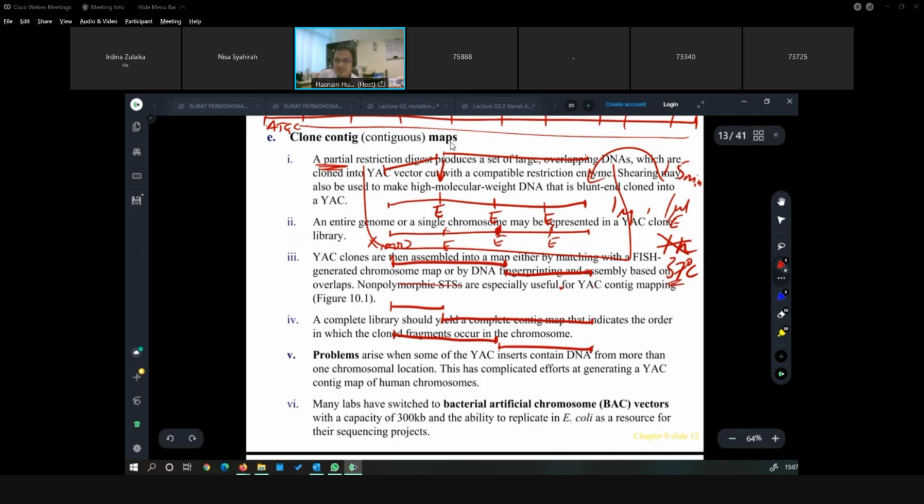And the other one that I drew over here will be cut from here until here, and another one will be until here, so the third one. You can see they are all cut by EcoRI, but they are cut at different positions. So they are now overlapping. You see, they are overlapping.